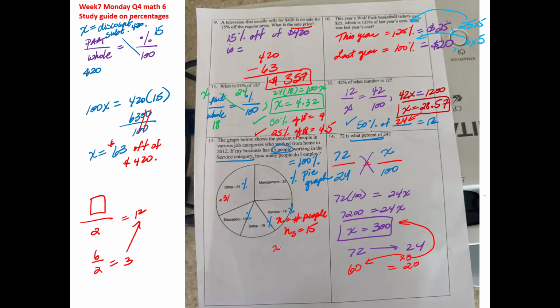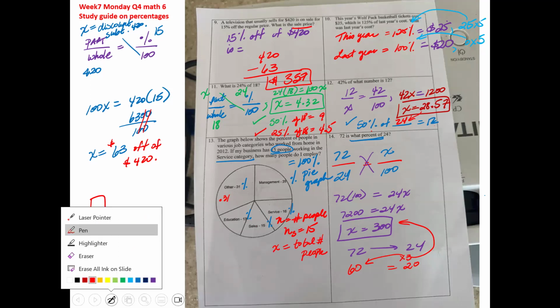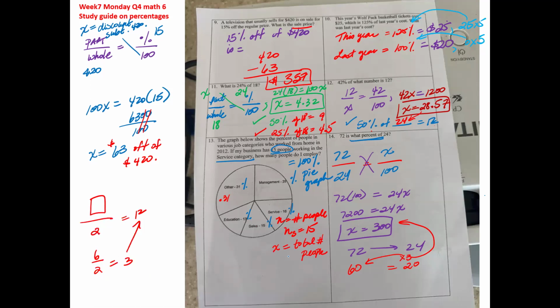Okay, let's say X equals the total number of people. Total number of people that are in others, management, service, sales, and education. If X equals the total number of people, then for service, if I do 0.16, because that's 16%, times X, that will give me 15 people, right?